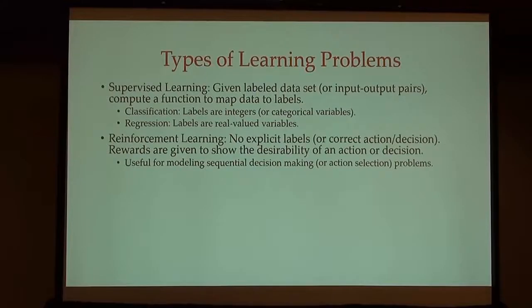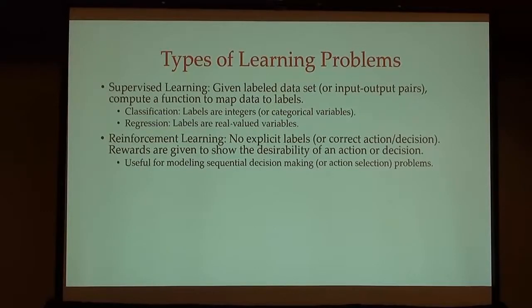The next class of problems are called reinforcement learning problems, where you do not have explicit labels. In supervised learning, labels are assumed to be some sort of correct value of the function at a particular point. Okay? It can be corrupted by a little bit of noise, but that's fine. For us right now, we can understand it as the correct value.